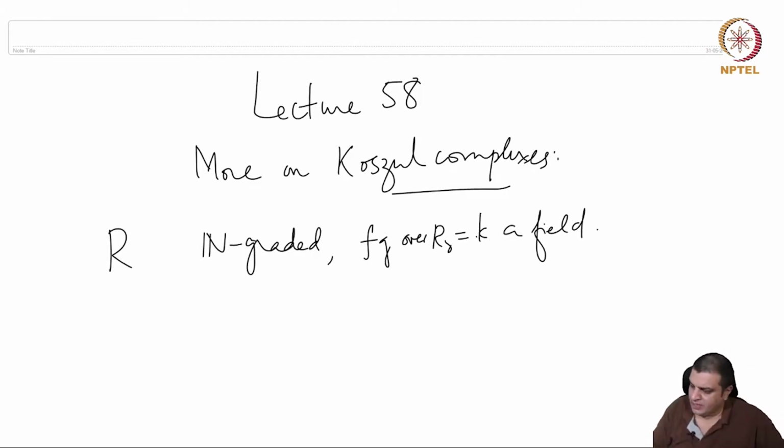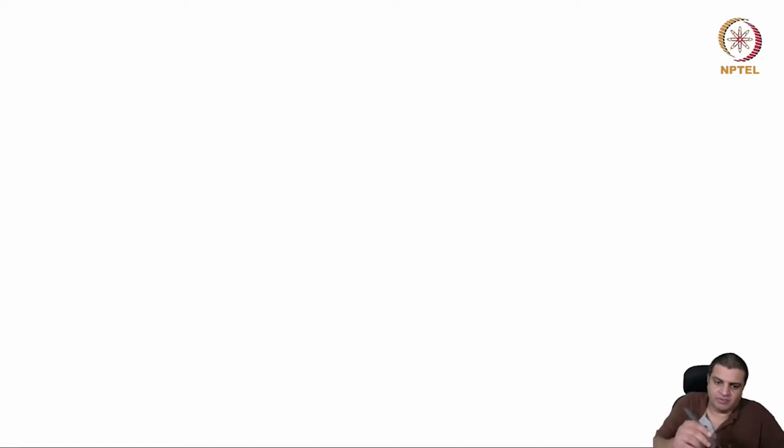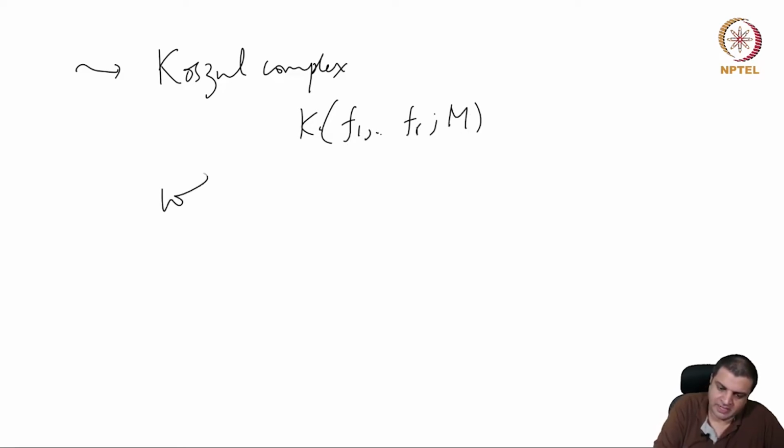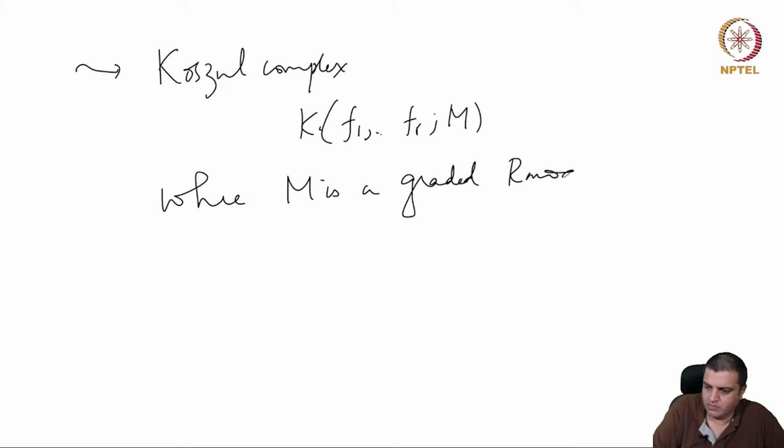So we can extend the same construction from last time to get the Koszul complex K of F1 through Fr on M, where M is a graded module, and F1 through Fr are homogeneous elements of positive degree, not units.